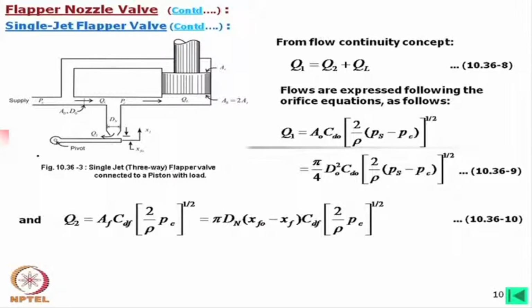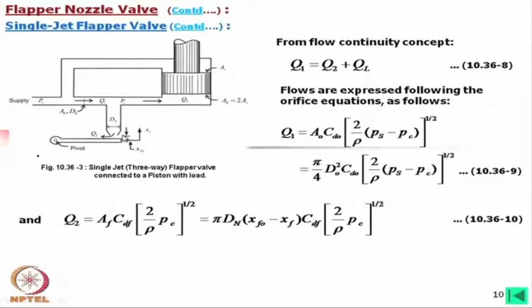Now, Q2, this flow, is equal to AF, the area, which we should call the curtain area, and that becomes pi dn (xf0 minus xf), that is the curtain height, times CDF. The dn diameter is actually this diameter.